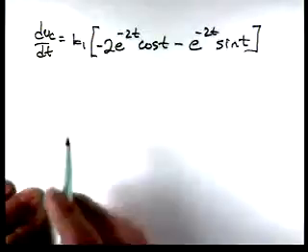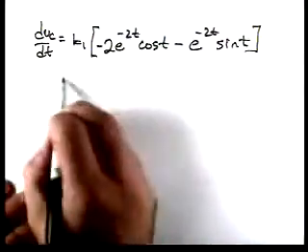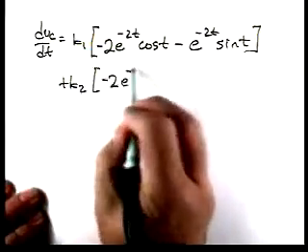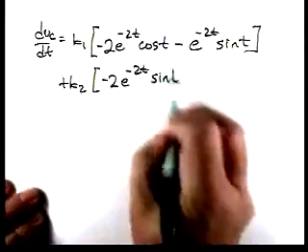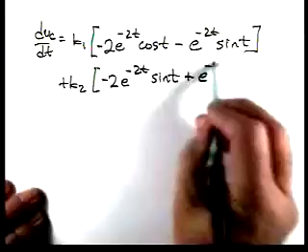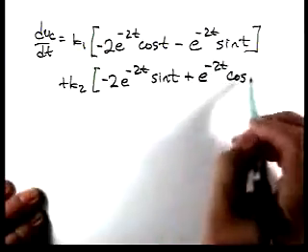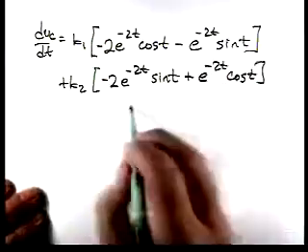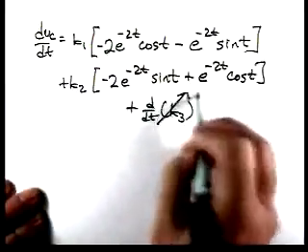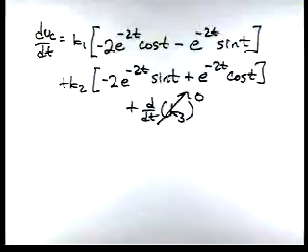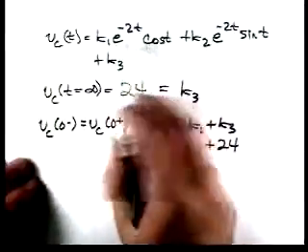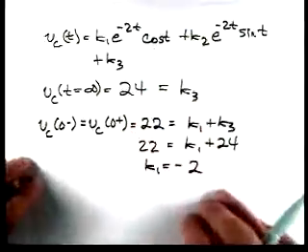And then we've got K2 times minus 2 e to the minus 2t sine t plus e to the minus 2t cosine t, and then plus, of course, the derivative of K3, which is 0. So here we have to do the derivative of a product, e to the minus 2t cosine t.